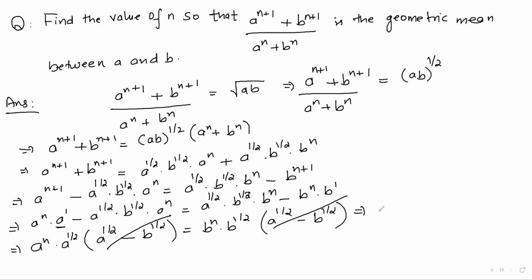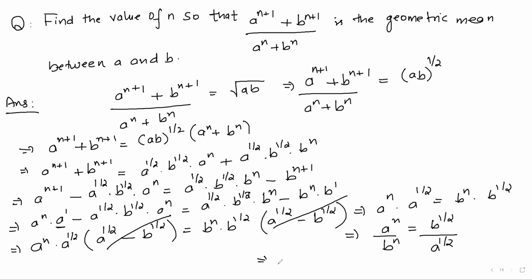Sparsh, yes sir. So we can write a to the power n into a to the power 1 by 2 is equal to b to the power n into b to the power 1 by 2. So shifting over, a to the power n by b to the power n equals b to the power half by a to the power half.